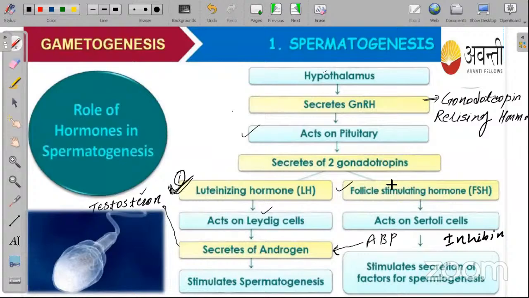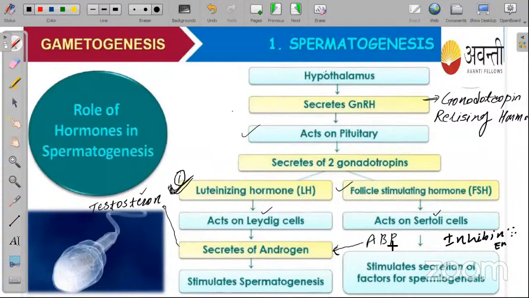This FSH is secreted by the pituitary gland, and this FSH acts on Sertoli cell, which is present in the testis, and this Sertoli cell secretes two types of hormone, that is ABP and inhibin. Actually, in the case of inhibin we don't necessarily call it a hormone. It is an enzyme or some molecule, that is inhibin molecules.